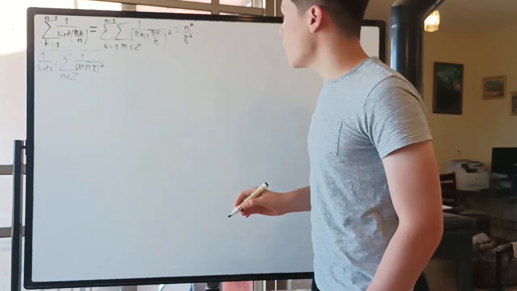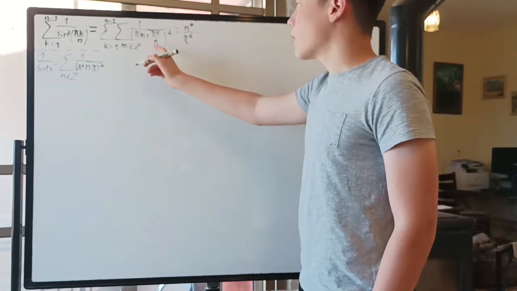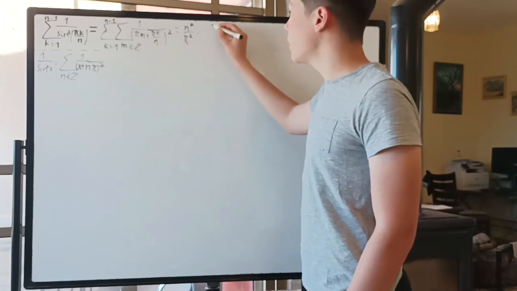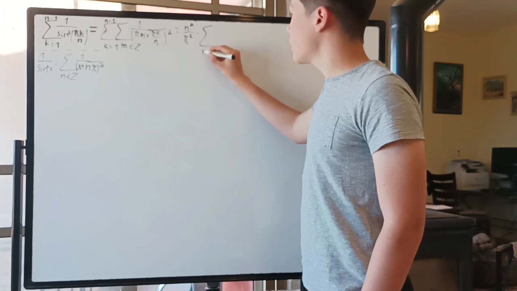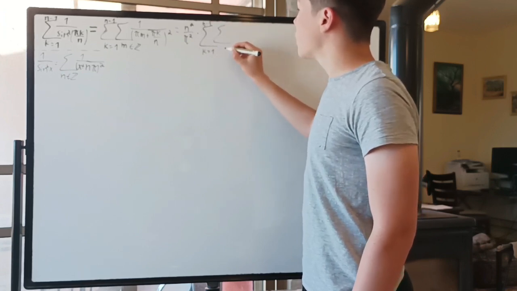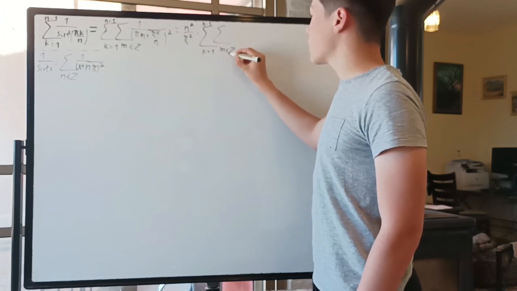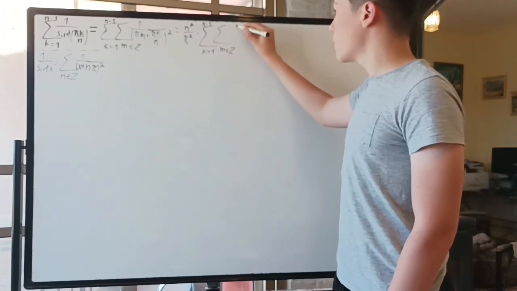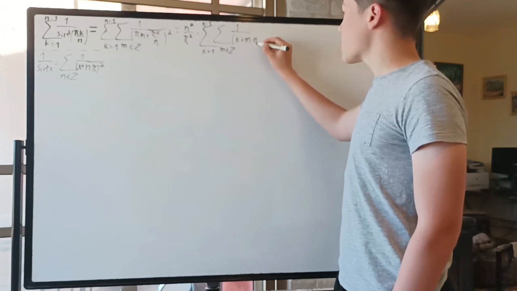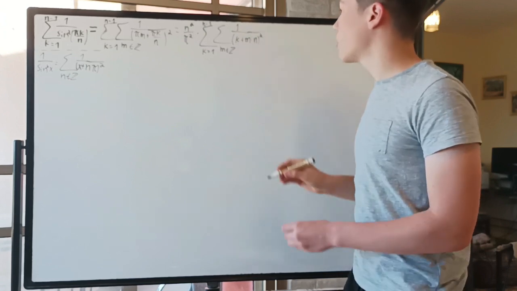And we'll be left with, the pi will go away, and this n will be multiplied by n. So I'll have the sum, k goes from 1 to n minus 1, the sum as m goes over the whole numbers, 1 over k plus m times n squared.